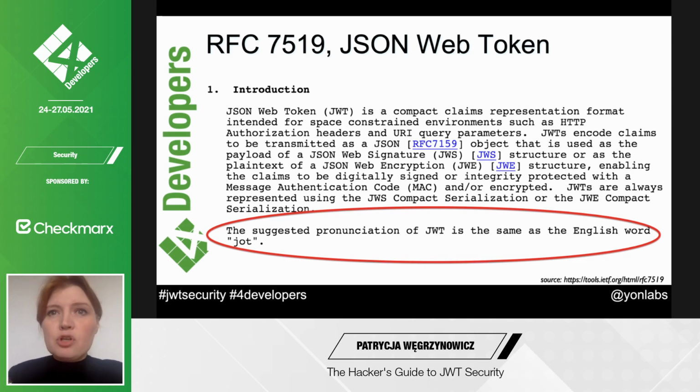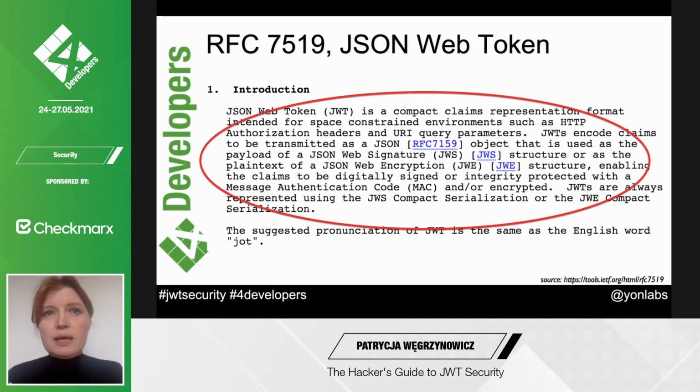By the way, JWT in English means a brief informal note, just as JSON Web Tokens are short, less formal tokens. However, in today's talk, I will pronounce it as JWT. Why? Because simply it's the most popular version in the software world. Plus, I'm not sure whether I pronounce JWT clearly enough.